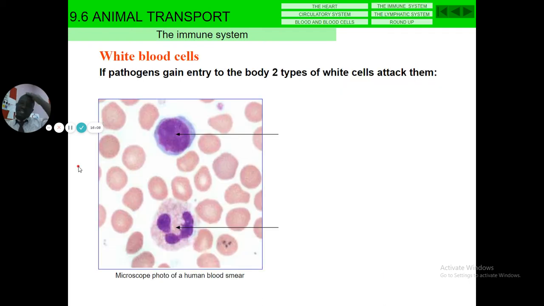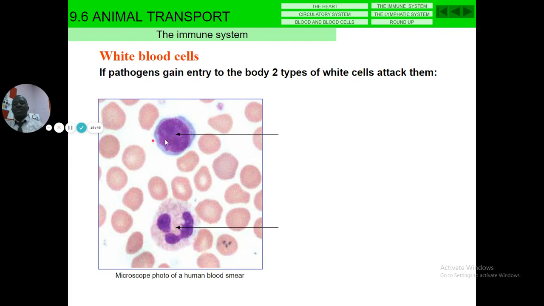So when you look at white blood cells in immunity, because this video links up with the previous videos we've been seeing, when pathogens gain entry, because we say they are responsible for immunity, that is defending the body against diseases, two types of white blood cells attack them.